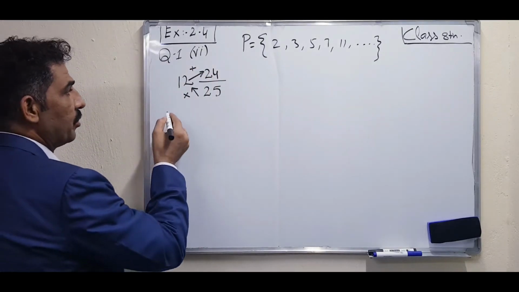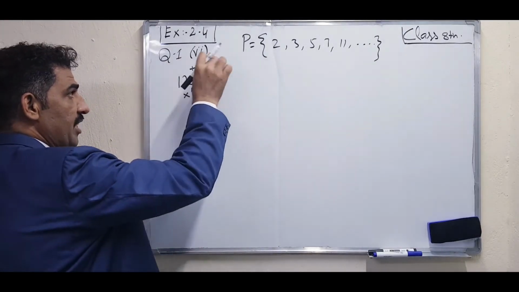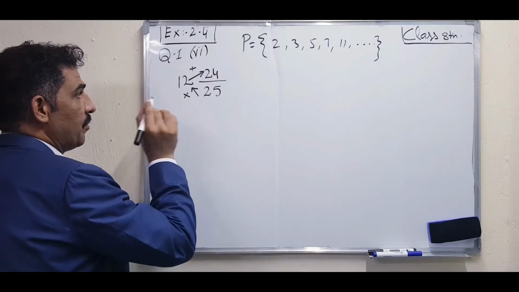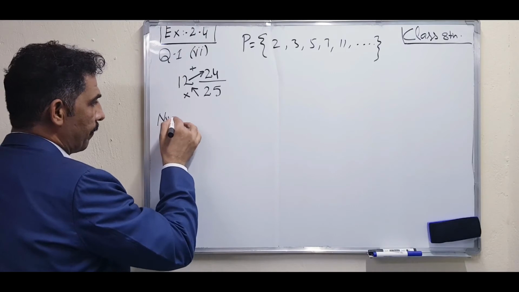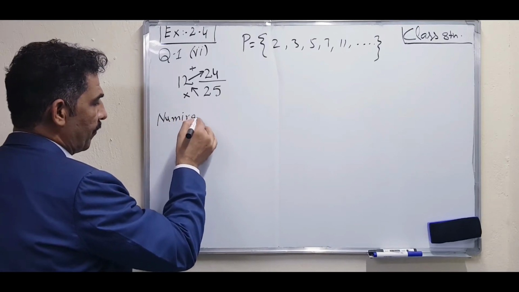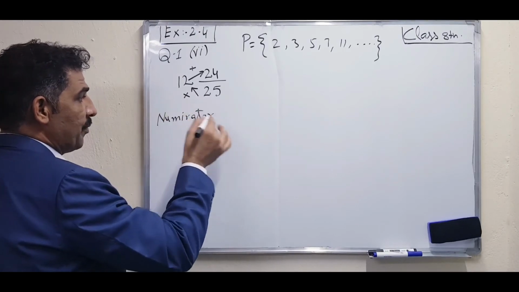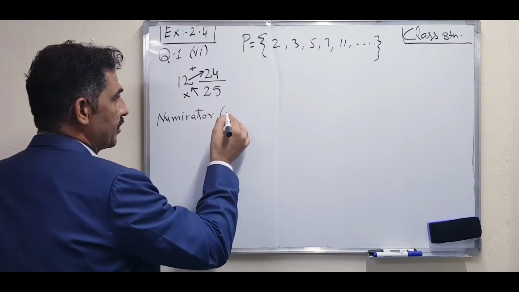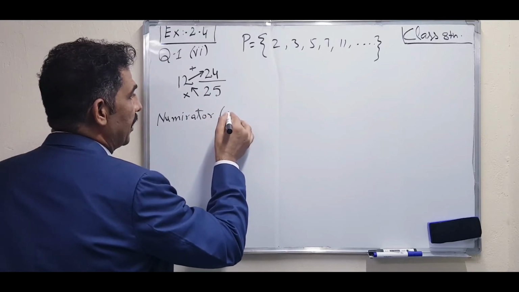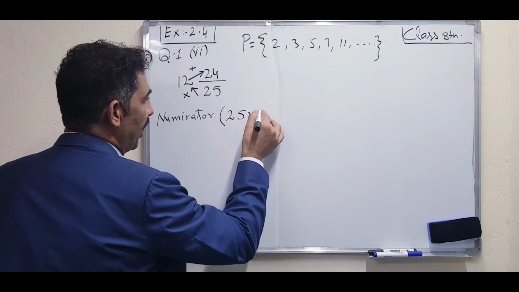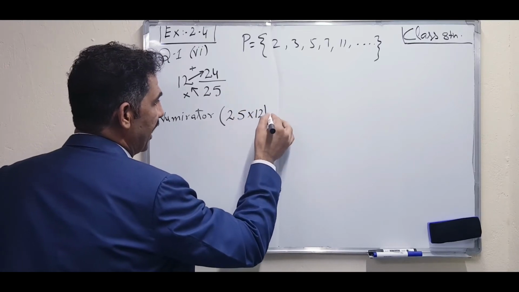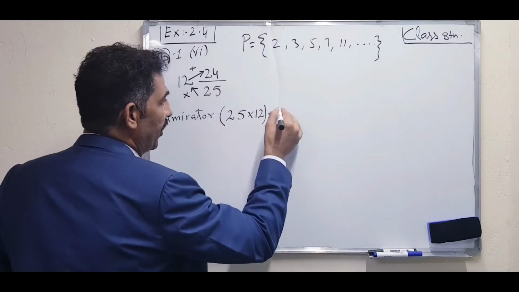Means what we have to do is, in the mixed fraction, it will be changed in the place of the numerator. How will the numerator change? Numerator will become like that. First you have to multiply 25 by 12, the answer which you will get, then plus 24.